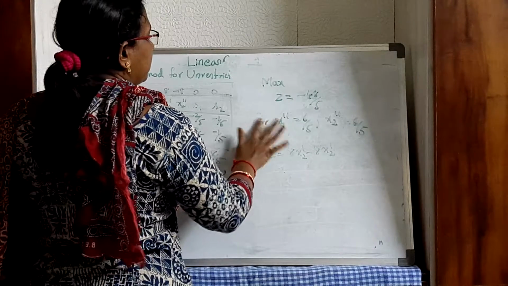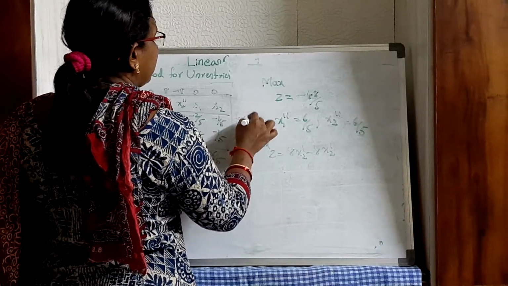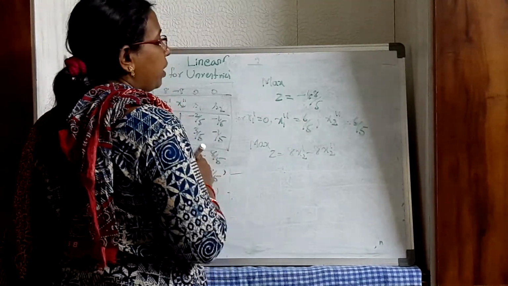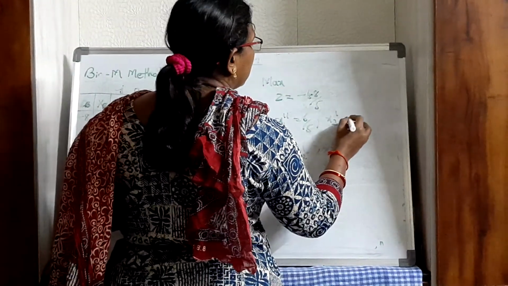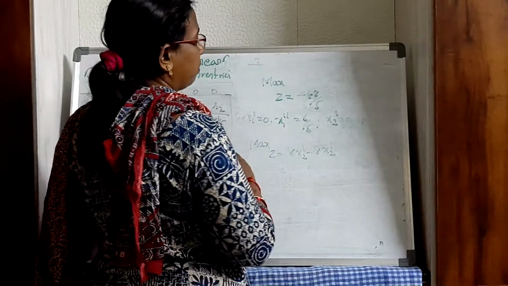See, I'll write here, it's better. Here I write for x1 dash is equals to 0, x1 double dash equal to 6 by 5, x2 dash is equals to 0 and x2 double dash is equals to 6 by 5.